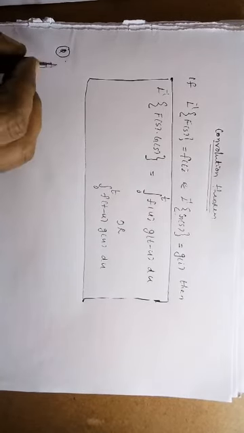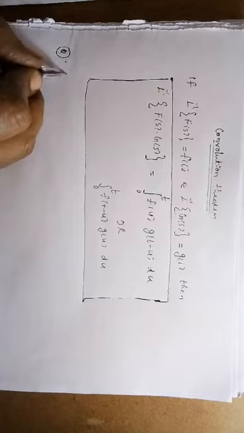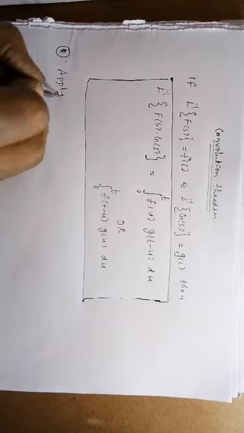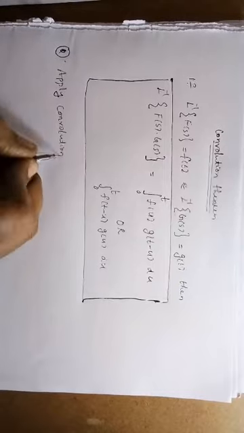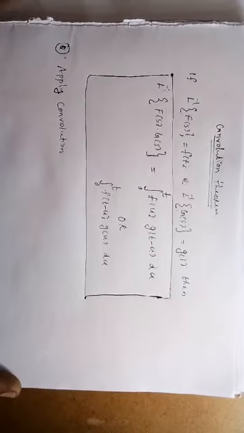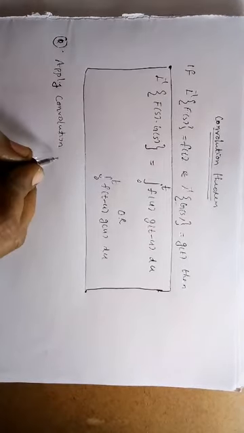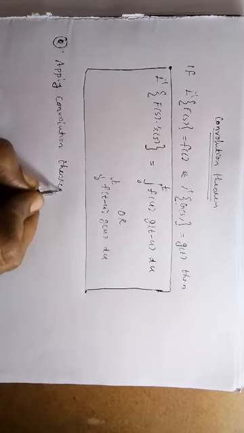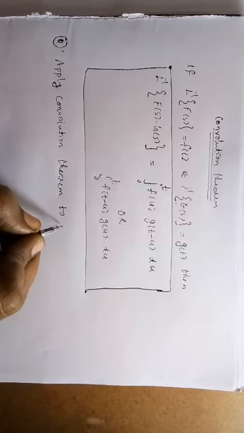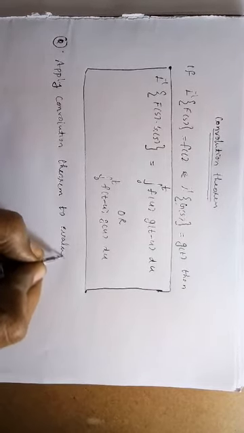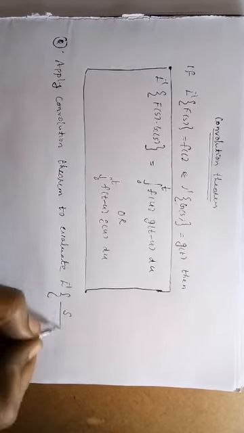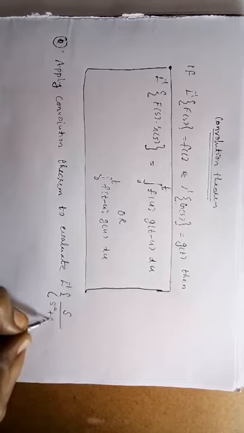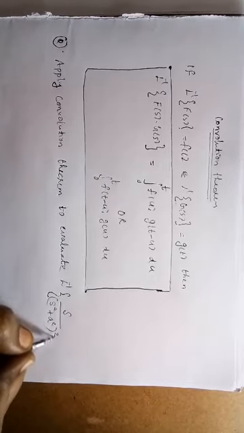So you will be given some question like this: apply the convolution theorem to evaluate the inverse Laplace transform, L inverse of s by (s square plus a square) the whole square.